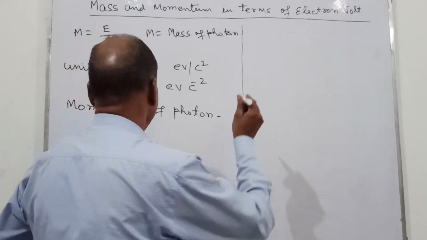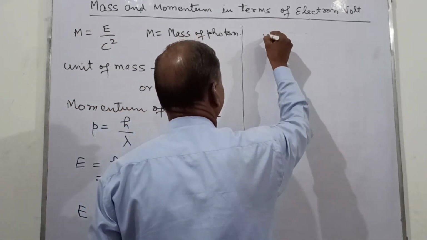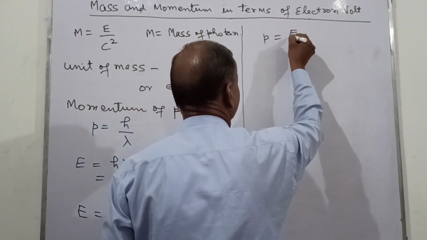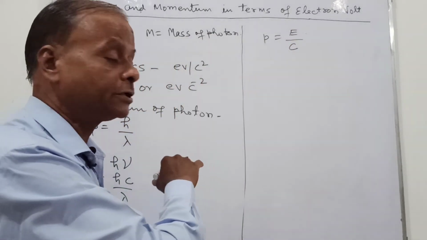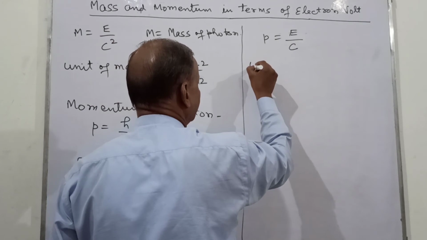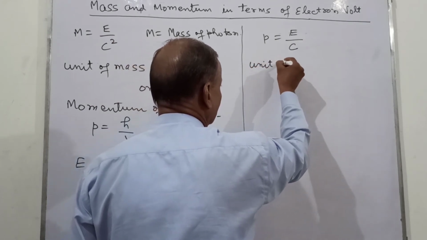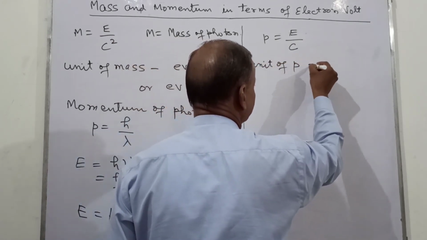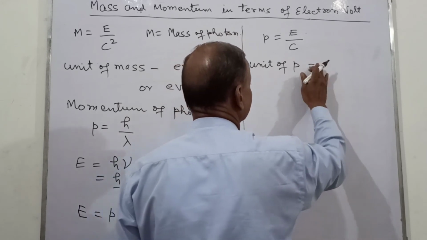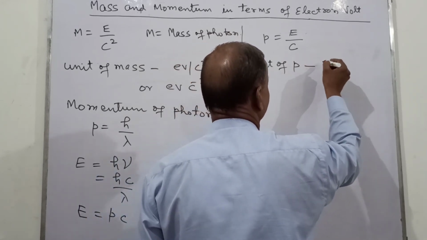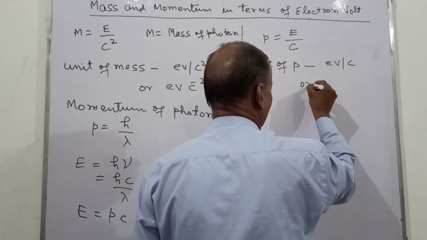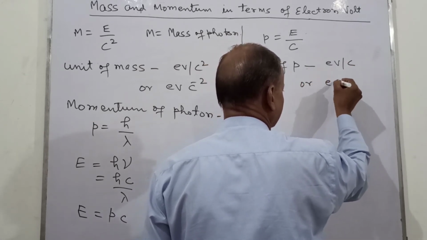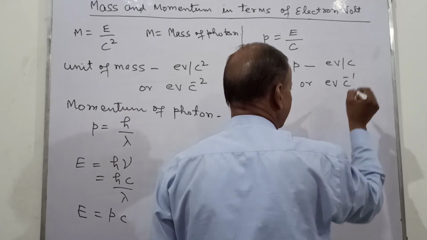So this p is equal to E upon c. So the unit of p will be electron volt per c, or electron volt c minus 1.